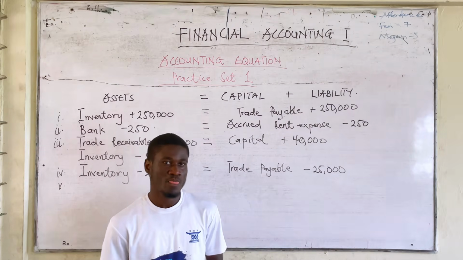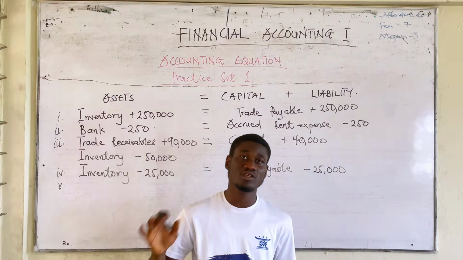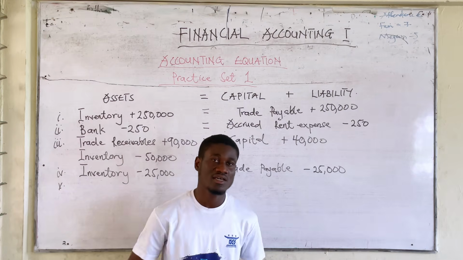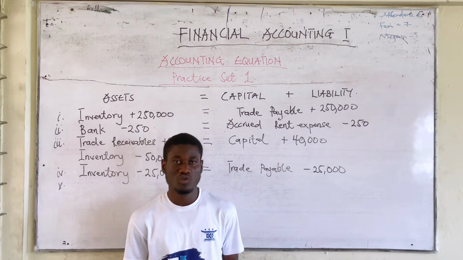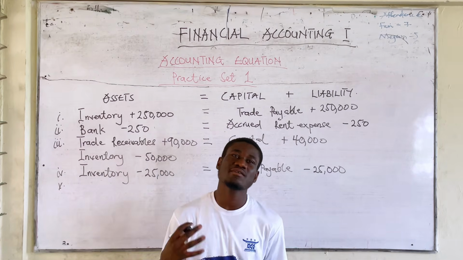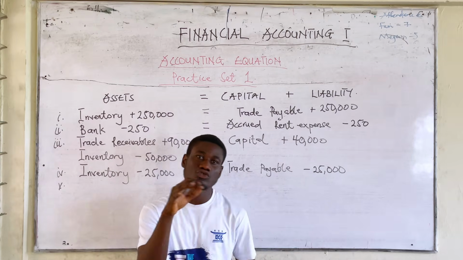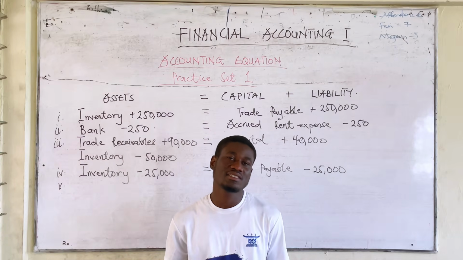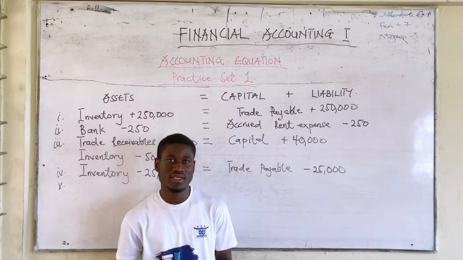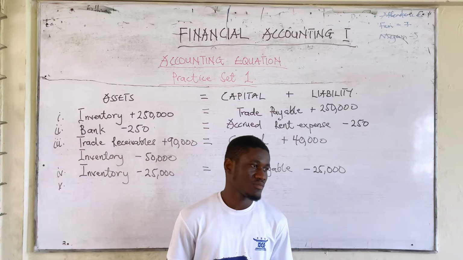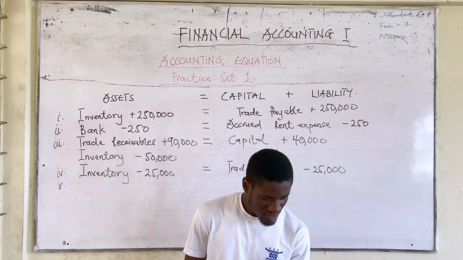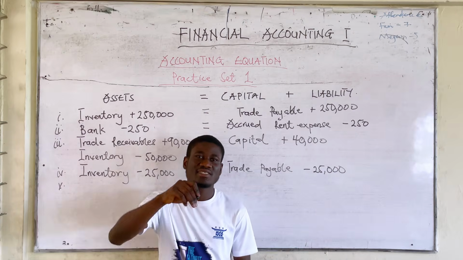As the owner introduces money into the business, it is capital. Same applies here. Do you get it? And we know that any money introduced or injected into the business is capital. Now, it received interest on its savings account.